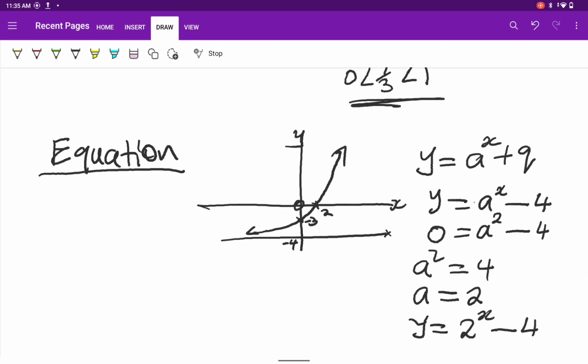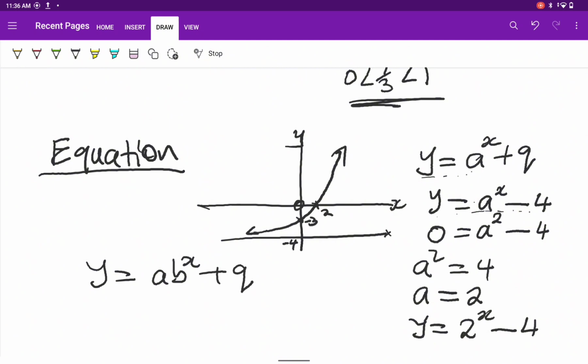Coming back, when you substitute, when it's already in this form, don't substitute the -3. We actually go back to the general form that we talked about. We said it's a b exponent x plus q.